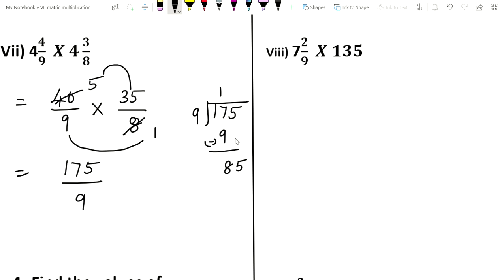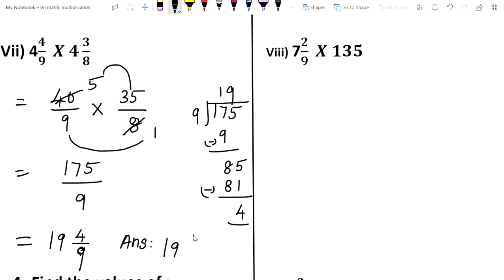Next number is 5. Now 85, we have 9 nines are 81. Now you subtract, 5 minus 1, 4. 8 minus 8, 0 only. So here the quotient is 19, remainder is 4, divisor is 9. So what is the answer, children? 19 4/9.